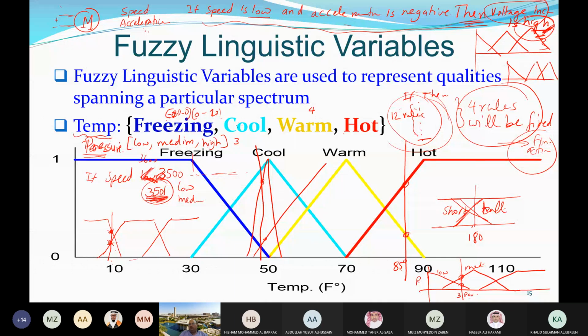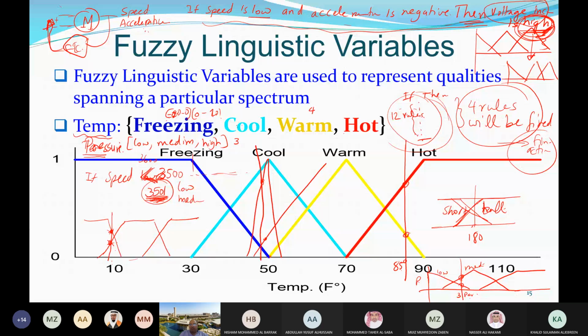Then you need to convert high to a numerical value in order for your controller, this fuzzy logic controller or any controller, to take an action here. So you will convert high to numerical value, and this numerical value will be taken here. 10%, 3%, 5%. So this is what we call the defuzzification.